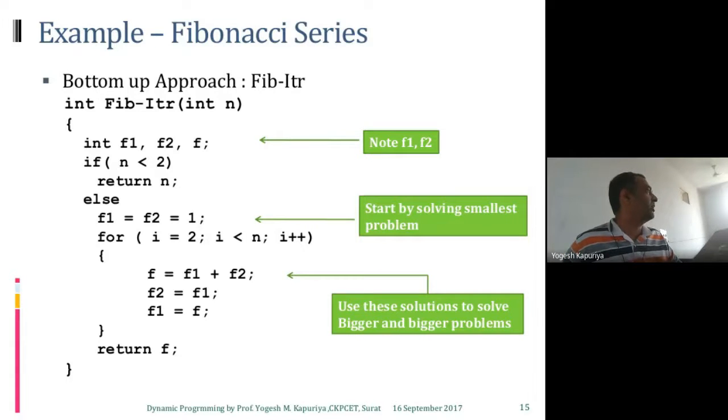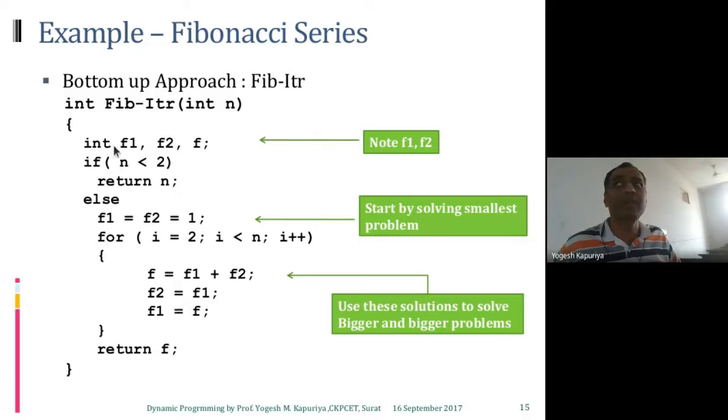So you are interested in computing actually Fibonacci of 100, but you are starting from computing Fibonacci of 2. Then you are computing Fibonacci of 3, 4, 5, 6, like you will go till 100. So basically, to compute Fibonacci of 100, you are starting from the bottom value, building a solution and going in the top direction. That's why it is called the bottom-up approach.